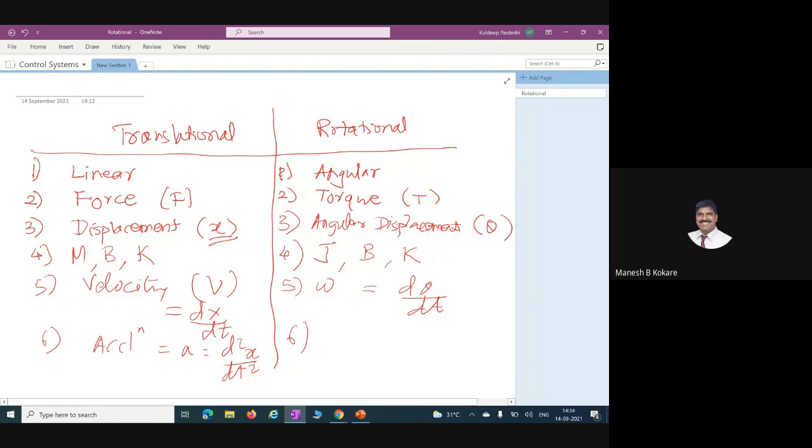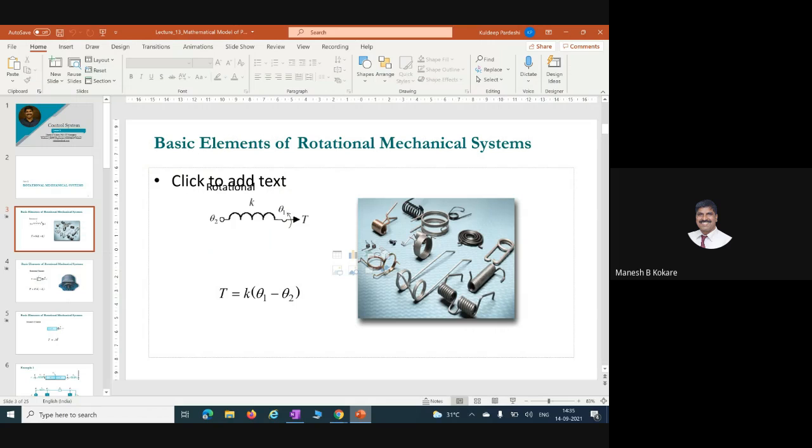Whereas here, the angular acceleration is d2 theta by dt square. So that will be the reactive torque offered by the moment of inertia, and so on. So this is the one-to-one difference between rotational mechanical system and translational mechanical system.